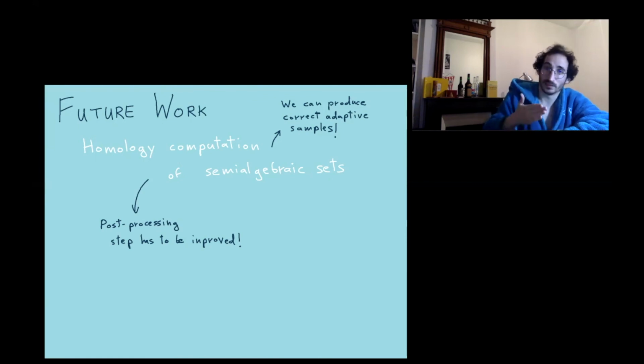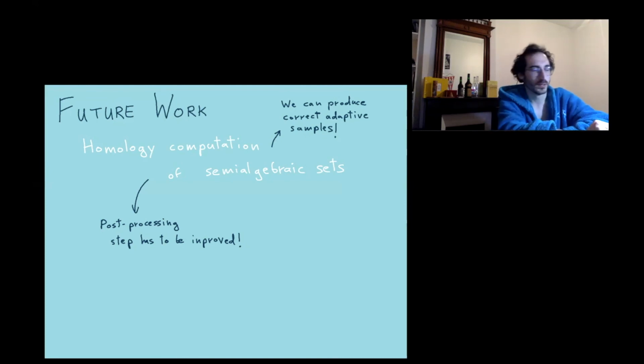So we can get the sample in finite expected runtime, but then we will want to process the sample in order to get the homology, and then we will jump to infinite expected runtime. So there is work to do there.